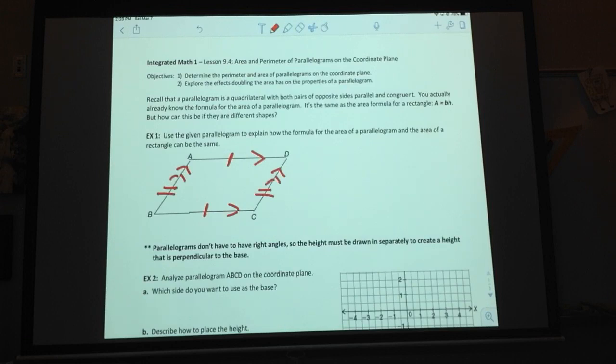Okay, now I'm going to erase these little tick marks because I don't want you to get lost in what I'm ready to do. So here in a second I'm going to transform this into a rectangle, and I'm going to show you how I'm going to do that.